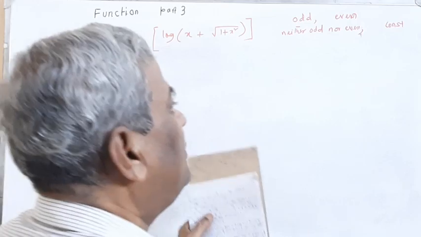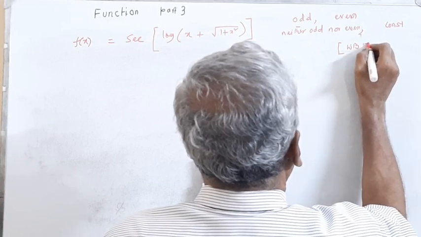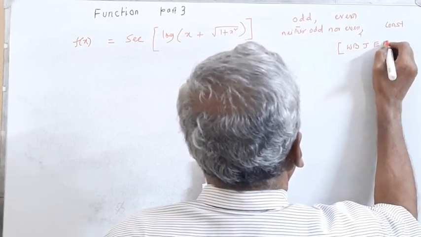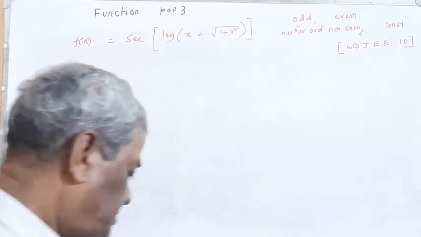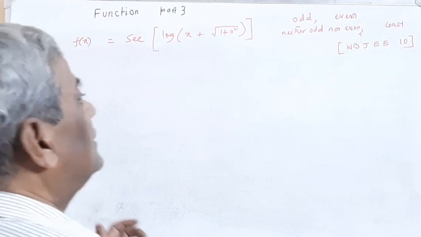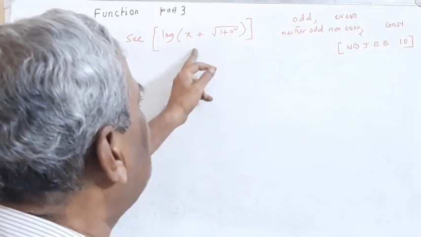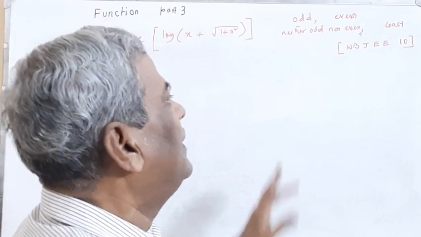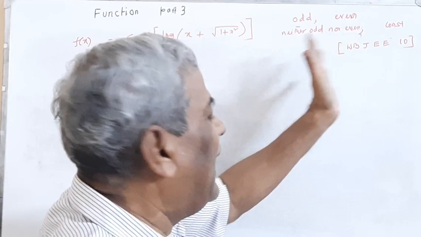So we have to test whether this function is odd or even, that is, neither odd nor even, or constant.